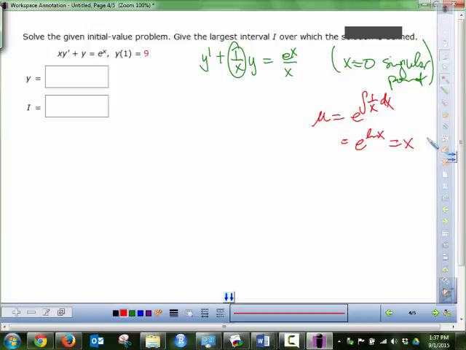So multiply both sides by x. These are the steps that you would eventually skip. I know that this is my integrating factor, and I know when I multiply that out, I'm going to get a product rule of some sort. And so I know that my product is going to eventually be the integrating factor times y.